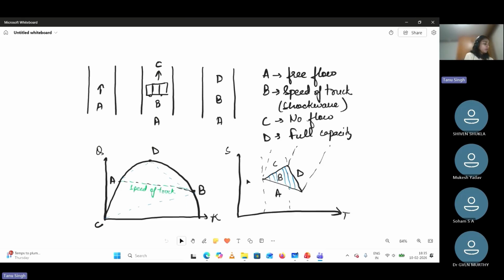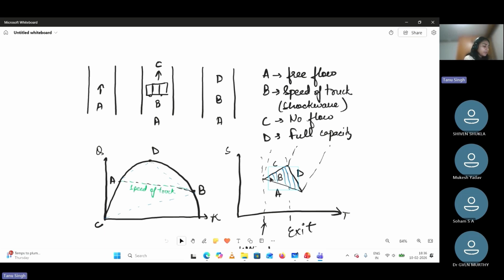Before that, all vehicles are moving in state A. Then a condition arises at this point. For example, the truck enters somewhere here, at this point, and leaves at this point. So this is the entry point of the truck, and this is the exit point of the truck.